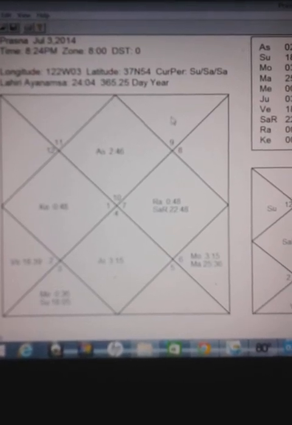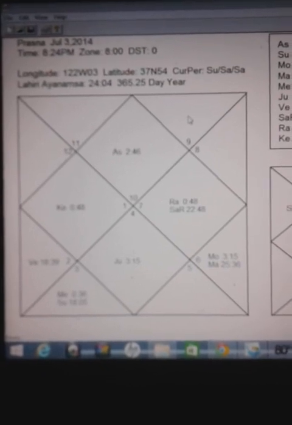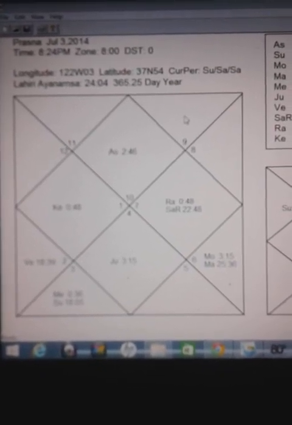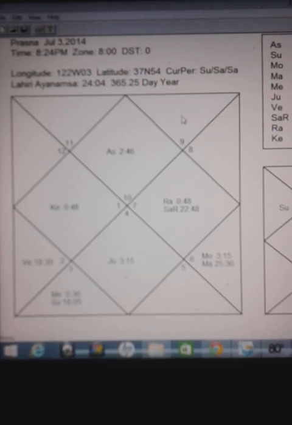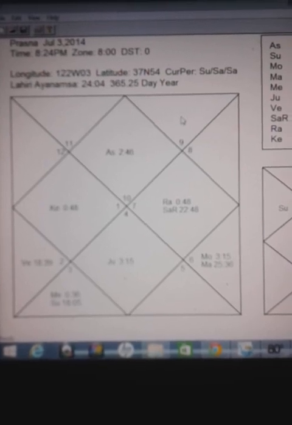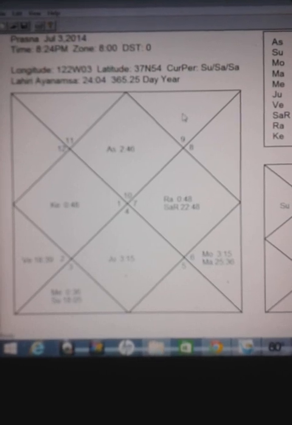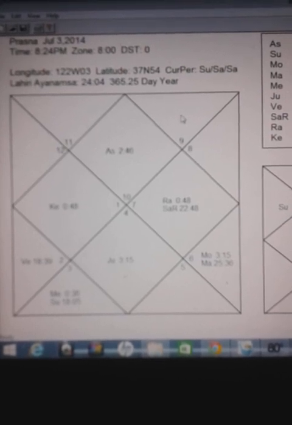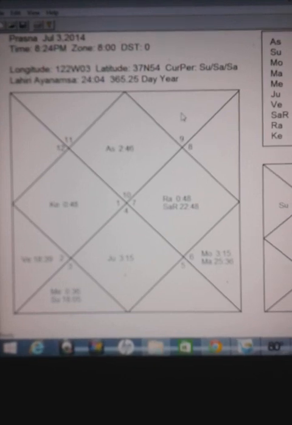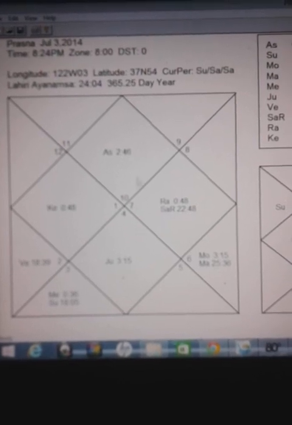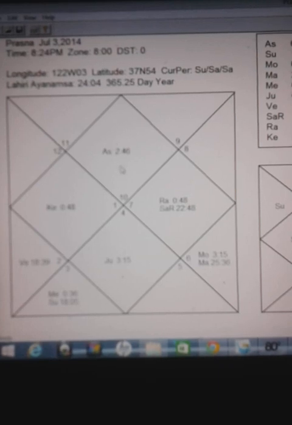So pretty much you have 12 houses or zodiacs, which you can see on the screen, and the 9 planets which are placed on these 12 zodiacs. As we have just seen, the ascendant is the first house.